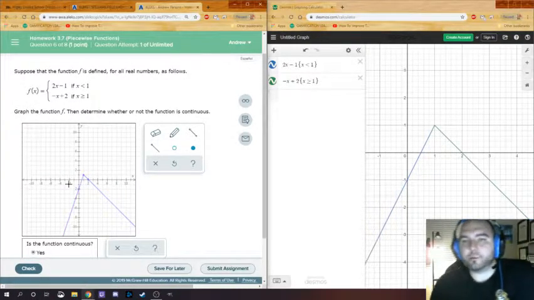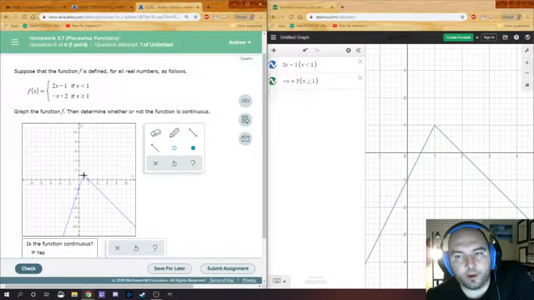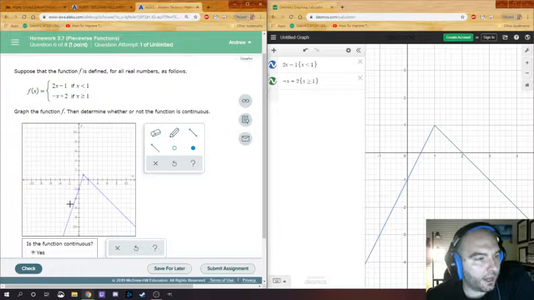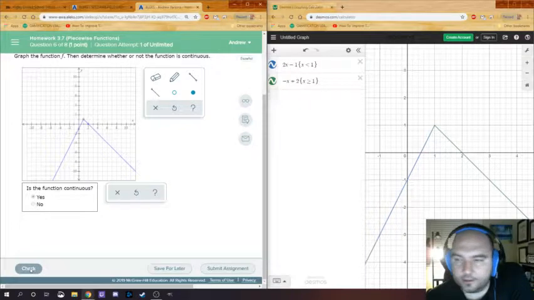Down 2 and left 1 makes sense, because that one has a slope of 2. And if you go from left to right, it's up 2 and right 1. Wait, I didn't even... Hey, look, good thing I was saying that. I went down 3 by accident. So from right here, down 2, left 1. Okay, perfect. There. I fixed it. That would have been a mistake. Alright. And then, yes, it was continuous. They all form one giant line.